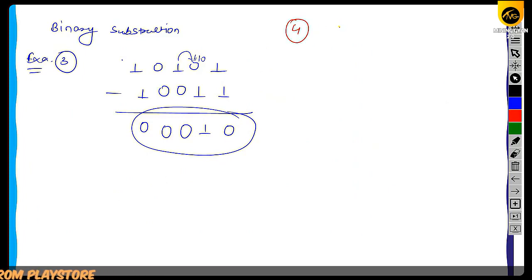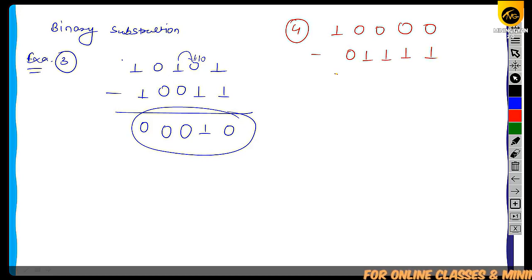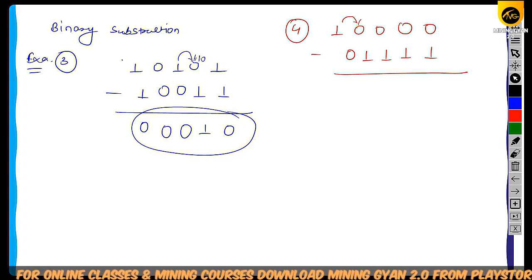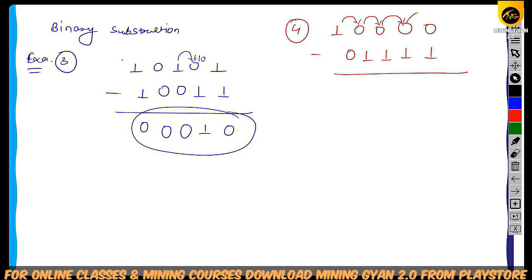Example number 4 is 10000 minus 01111. Now 0, we have to borrow from the next column, so basically we need to borrow from the last column, so it will become 10. Now again it gives one number to the next column from here to here.